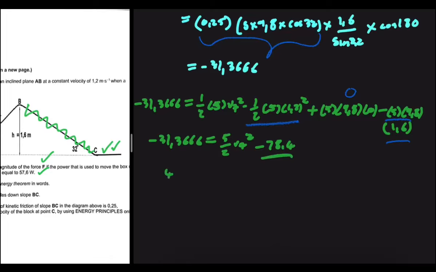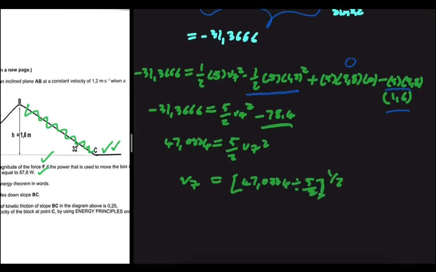We're going to have 47.0334 being equal to 5 divided by 2 Vf squared. So Vf will be equal to the square root of 47.0334 divided by 5 divided by 2, everything to the power a half. It's equal to 4.34 meters per second.